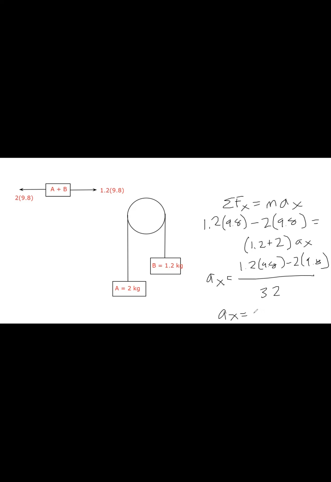Negative 2.45 meters per second squared. And the negative just tells us that it's accelerating towards the 2 kilogram mass. So that's how we solve that problem. And we'll do one more. Does anybody have anything clarified here?